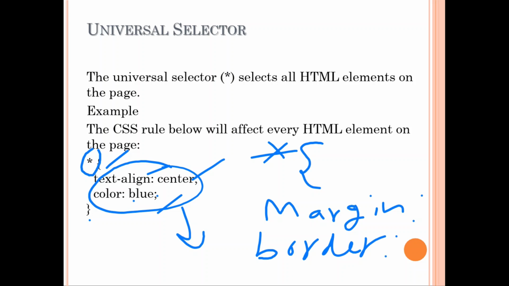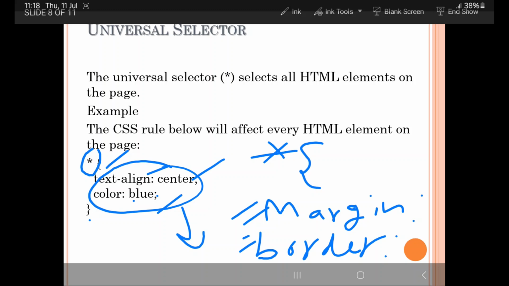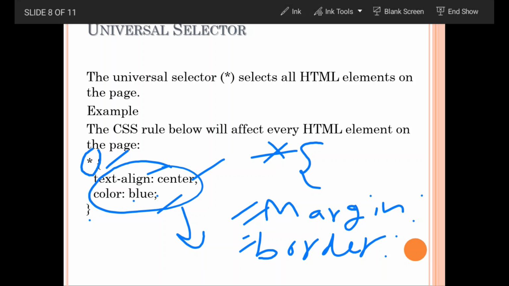So these properties will take the whole document. If we want to change any property for the whole page, then we can use universal selectors.